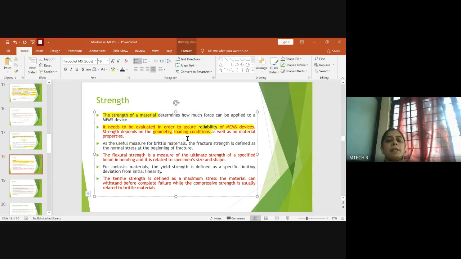So you should be very keen in selecting a material that provides the required strength based on the geometry you are going to design. The strength of the material plays a very vital role that you have to think about before the device is made, and after the device is made you can also cross-check its strength.